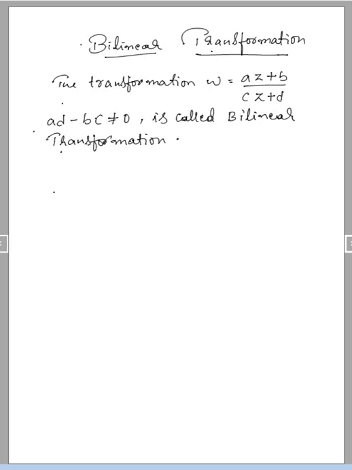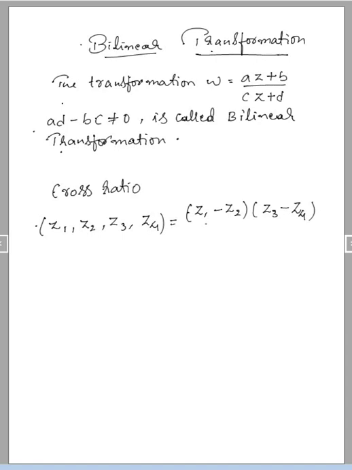Apart from this, to solve a problem, I am using a formula called the cross ratio formula. So you should know the definition of cross ratio. If you consider 4 points Z1, Z2, Z3, Z4, the cross ratio is Z1 minus Z2 into Z3 minus Z4, this whole divided by Z1 minus Z4 into Z3 minus Z2.